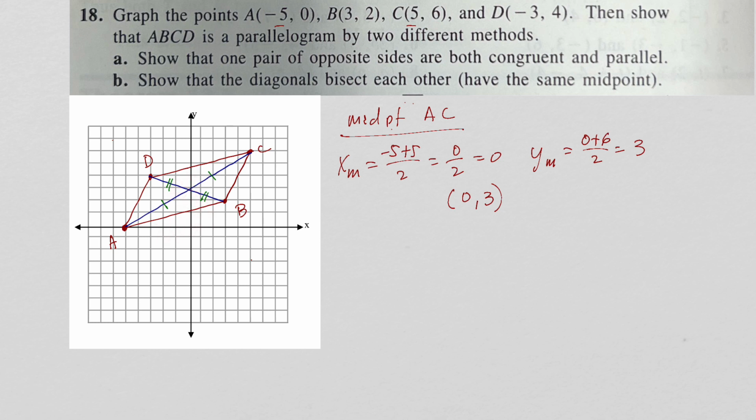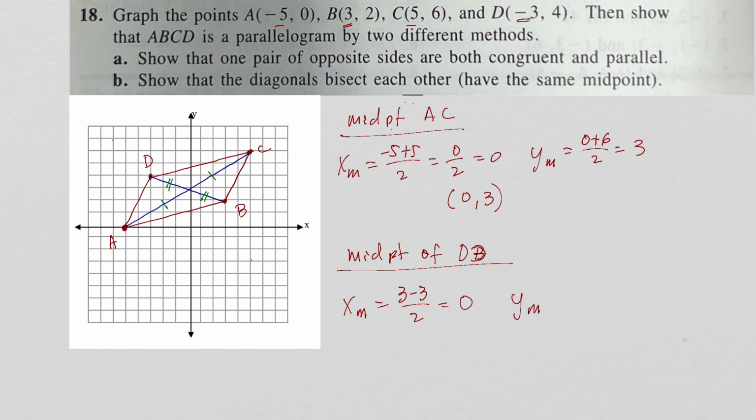Okay, now let's look at the midpoint of DB. The x value of the midpoint is 3 plus negative 3 over 2.